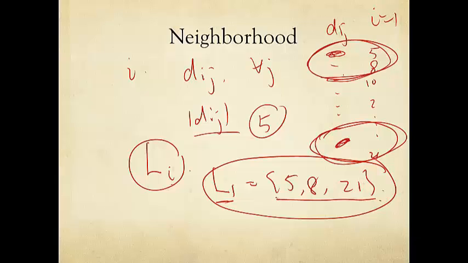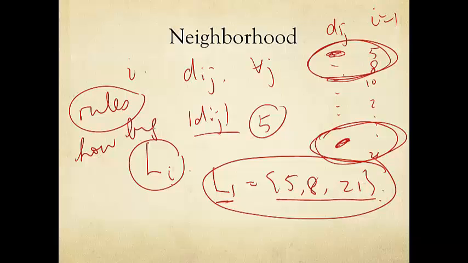There are quite a few rules and guidelines in determining how big this list is. If you make it too big, then you are incorporating the comparative information with respect to many other movies, but some of them are so weakly coupled with this movie that it doesn't quite matter. So it's just adding too much noise.